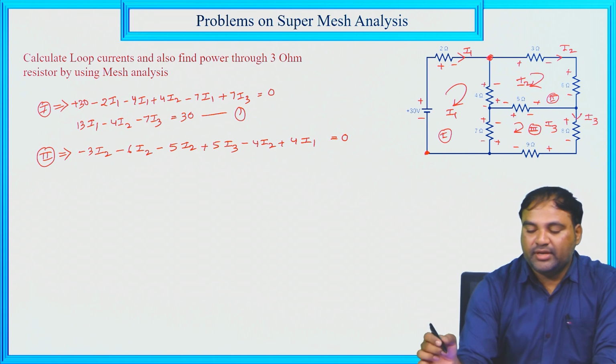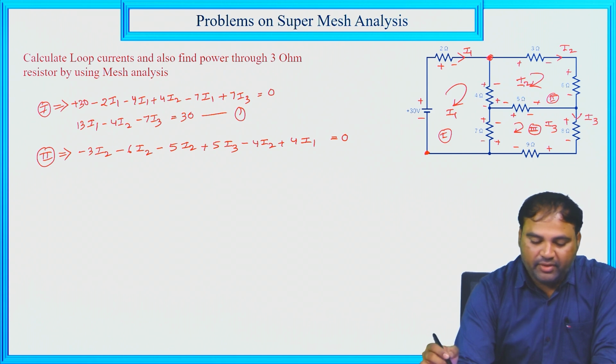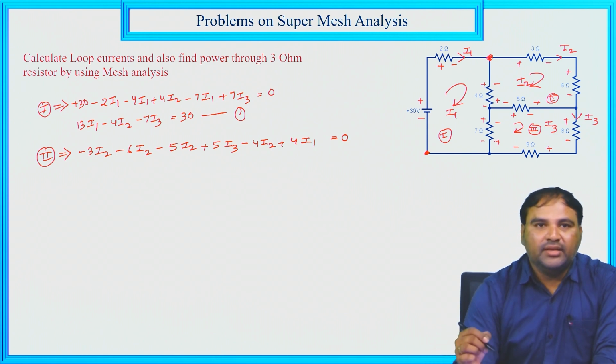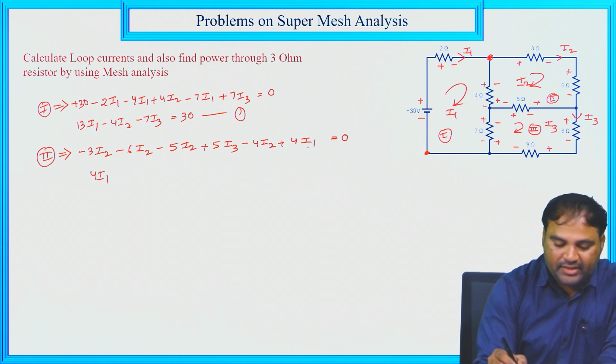Okay, so you can see here minus 3I2, minus 6I2, minus 5I2, plus 5I3, minus 4I2, plus 4I1 equal to 0. Now simplify this equation. So plus 4I1 is there.